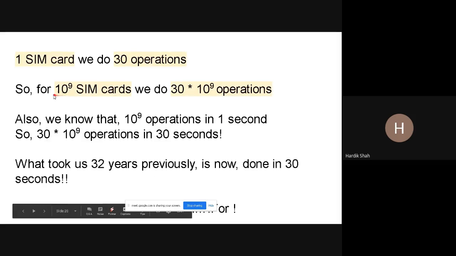Like I told you guys, we are still doing 10 to the power 9 operations for the SIM cards. We can sort these as well. We can do this again in 30 operations, right? So that would be 30 into 30 operations. That is just 900 operations. So that throws it down to a really small amount of time, in microseconds or milliseconds.